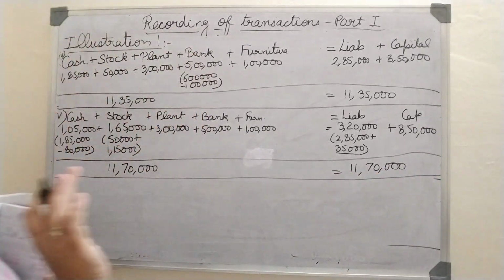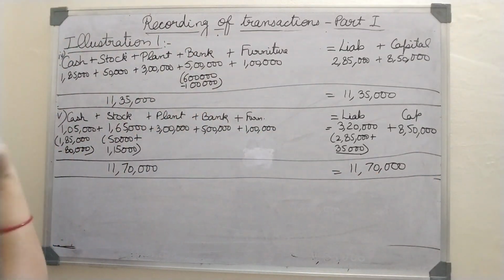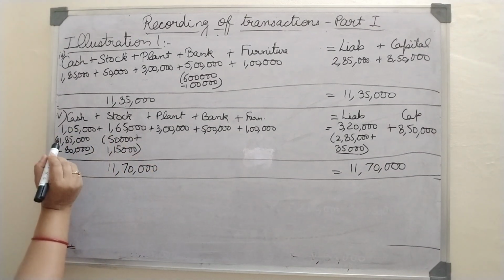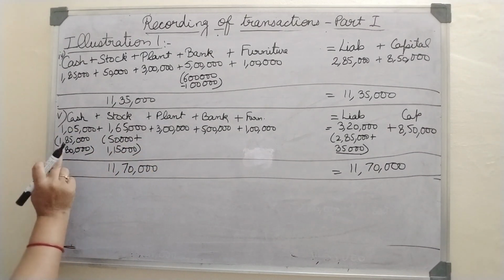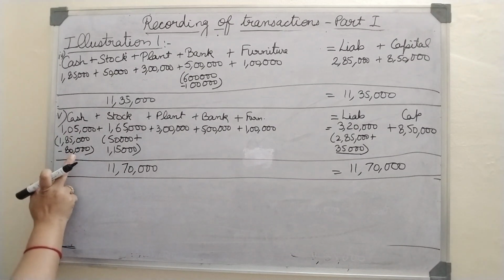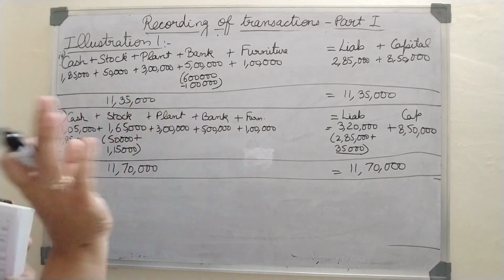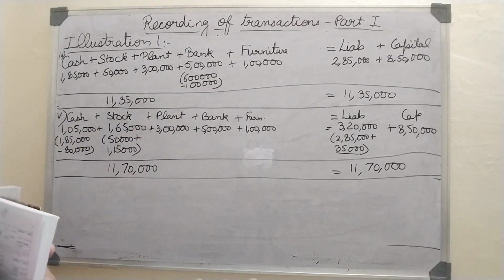I hope till here I am going very slowly. I am making you understand how each thing is affected. This transaction has 3 effects. First, with cash, I have given cash of 80,000 to get the goods. So it will be subtracted because I am paying cash. Goods are purchased on cash or credit, whatever it is, but our stock is increasing.